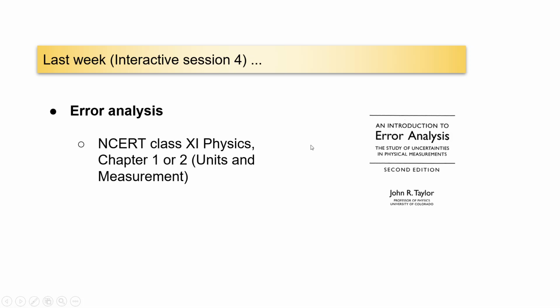This is a good book. Also, you can refer to NCERT class 11th physics books, chapter 1 or 2. They also contain summarized problems and theory on basic error analysis. So both these sources are good for that.